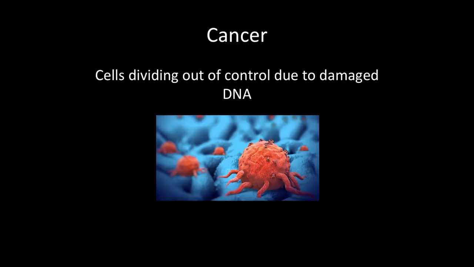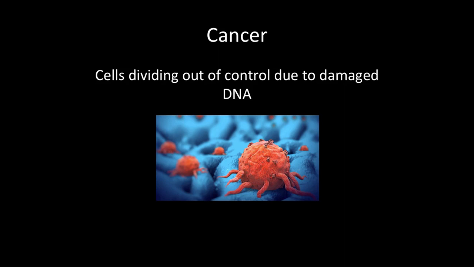So first of all, a bit of a reminder, cancer is one of your cells dividing out of control. So when one of your cells gets mutations, damage to its DNA, in certain types of genes, it's going to lead to that cell just dividing out of control.